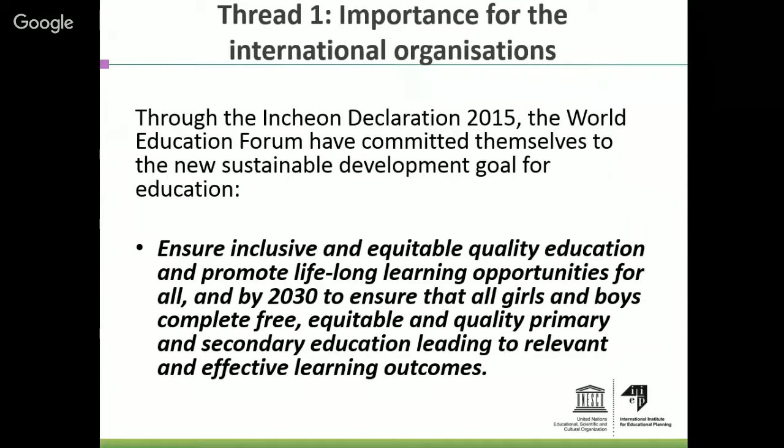And through the Incheon Declaration in 2015, this is brought further by the new Sustainable Development Goal for Education, which states that we want to ensure inclusive and equitable quality education and promote lifelong learning opportunities for all, and by 2030 to ensure that all girls and boys complete free, equitable and quality primary and secondary education, leading to relevant and effective learning outcomes. In other words, the emphasis on education is even increased, and the focus is now not only on the access to education, but equally on the outcomes of education.